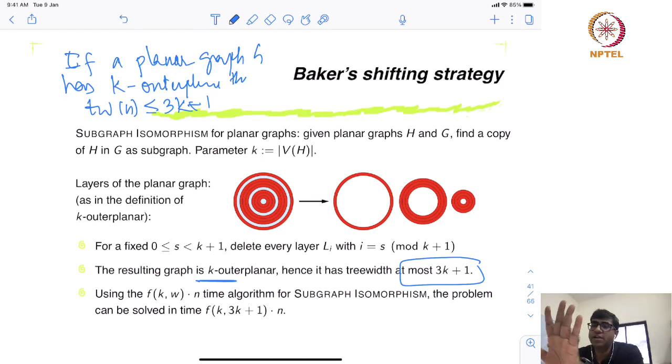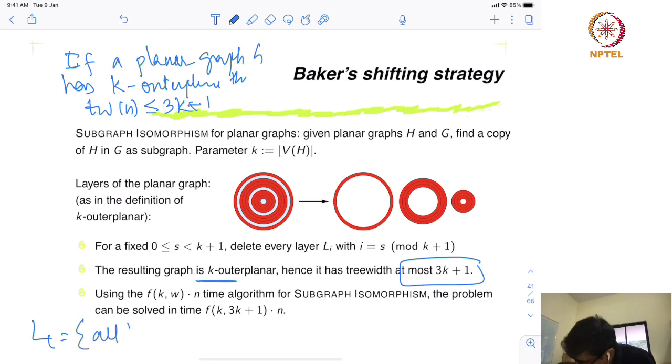So, either it does not contain vertices from layer 1, or it does not contain vertices from layer 2, and so on. What did we do? We made L1 to be all the layers numbered 1, one from each round of 1, 2, up to k plus 1, then the next round of 1, 2, up to k plus 1.